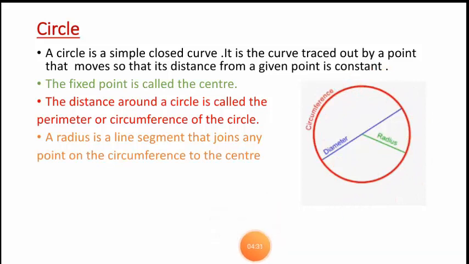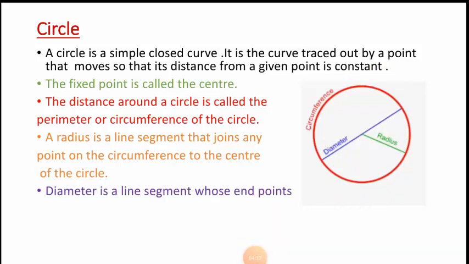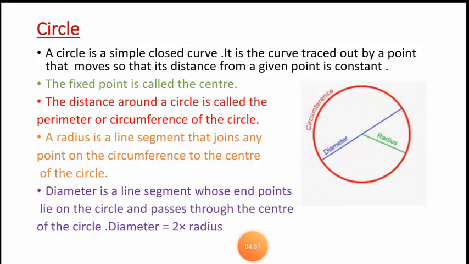After this term radius, we have learnt about diameter. Children, the diameter is the longest chord of a circle and it passes through the center of the circle, and it is formed when 2 radii are put together.